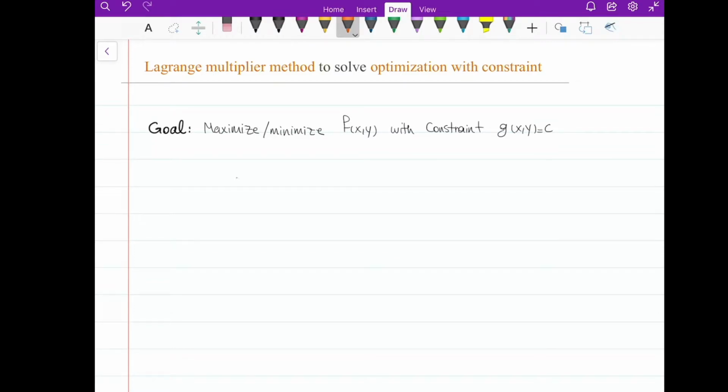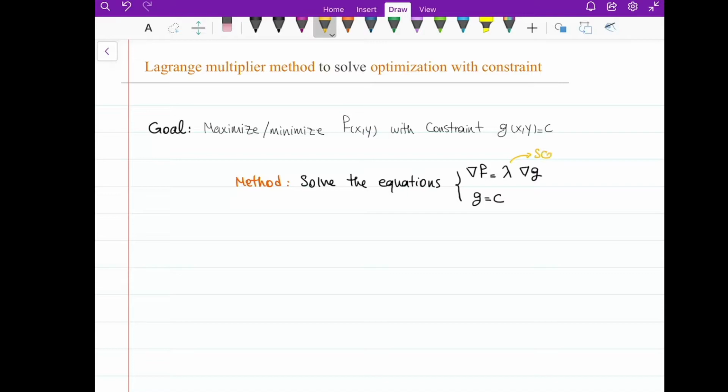So the method of Lagrange multiplier is this. We need to solve the equations: gradient of the function f that we want to maximize or minimize is equal to lambda gradient of g, and also we need to look at where g is equal to c. What is lambda?